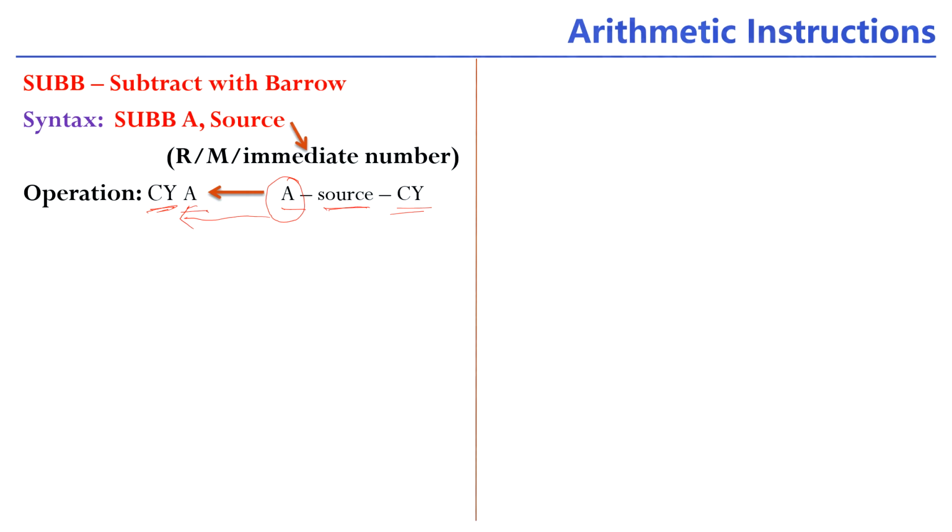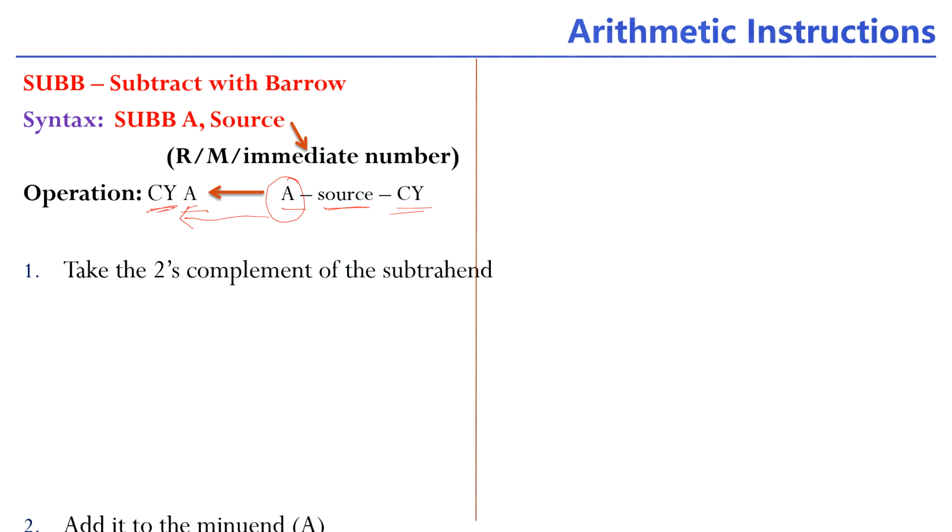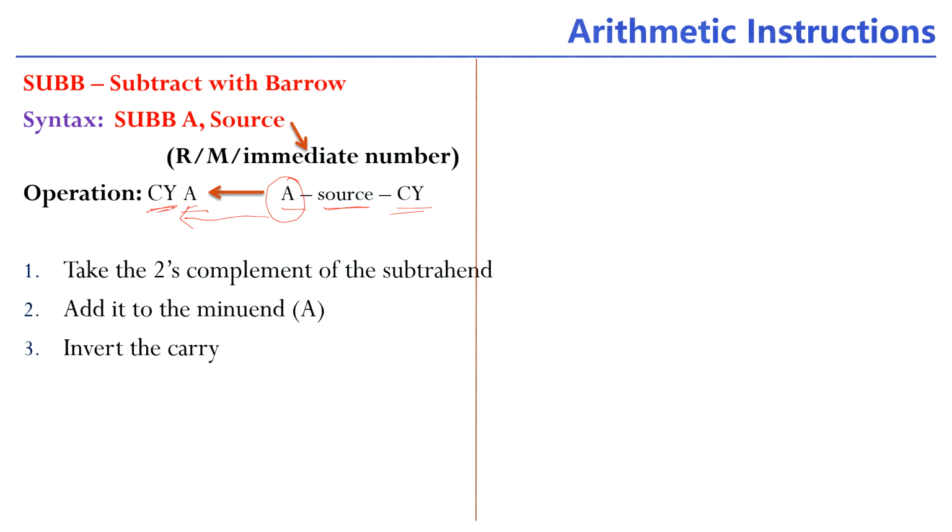In this algorithm, we have 3 steps. The first step, take the 2's complement of the subtrahend, then add it to the minuend, then invert the carry. These are the 3 steps followed by the 8051 microcontroller to perform subtraction using adder circuitry.